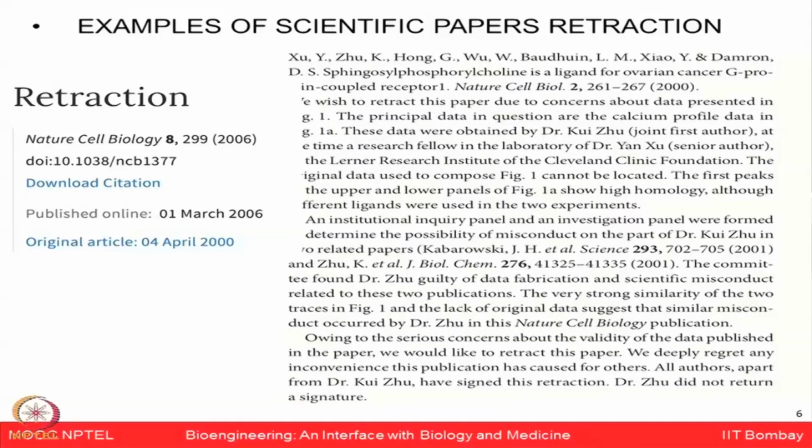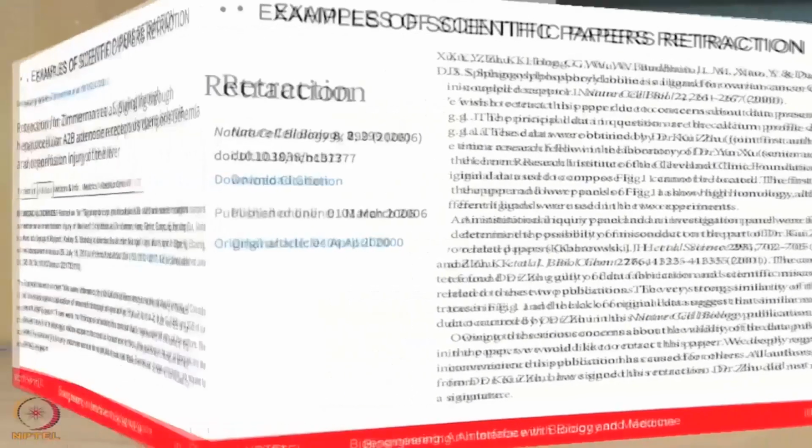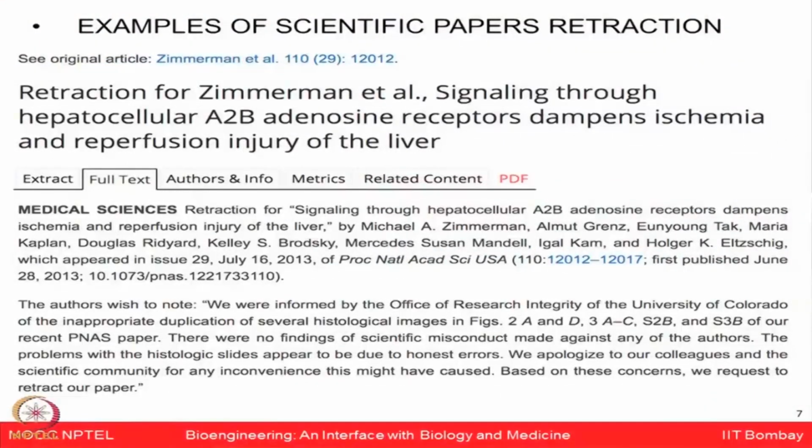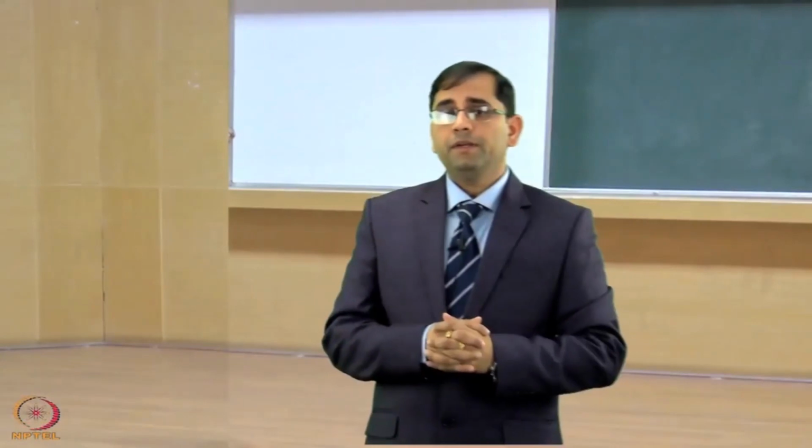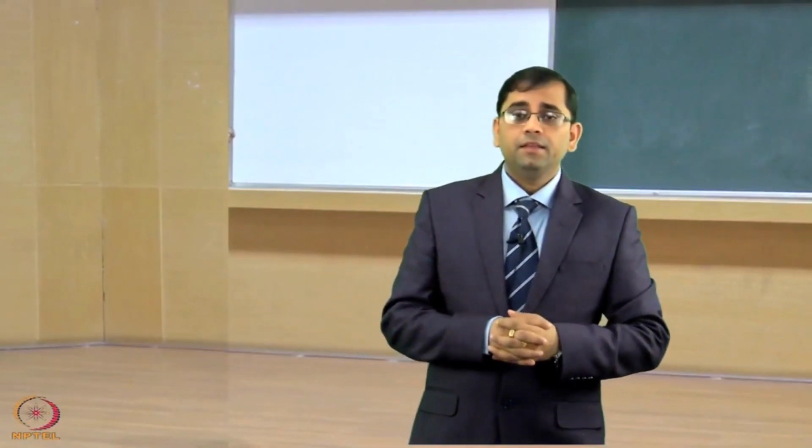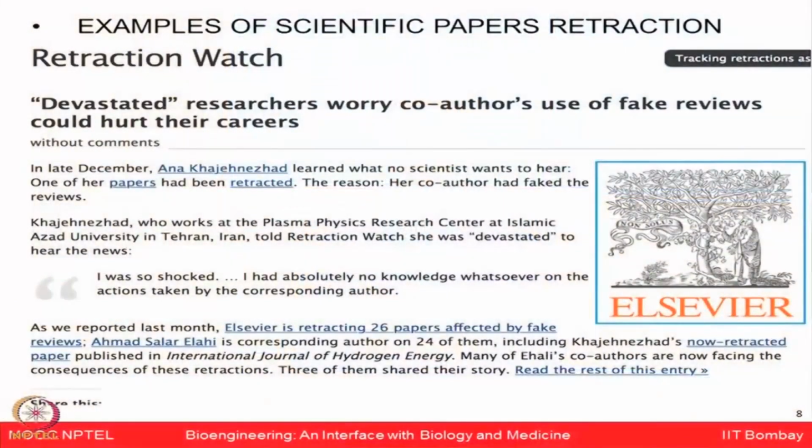I have shown you here some examples of scientific paper retraction. You can see this paper from Nature Cell Biology. I have shown you another example here where another paper was retracted, and one more example here, where even the co-authors were not aware of the issues happening.